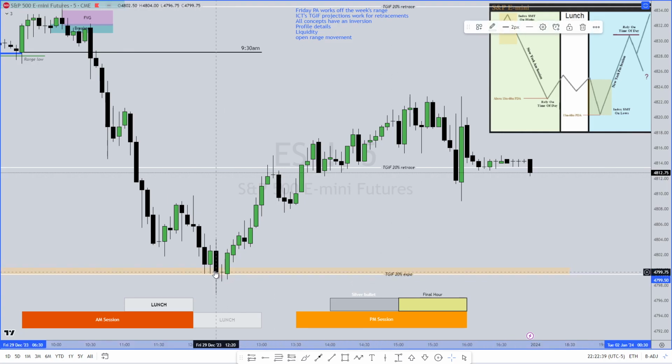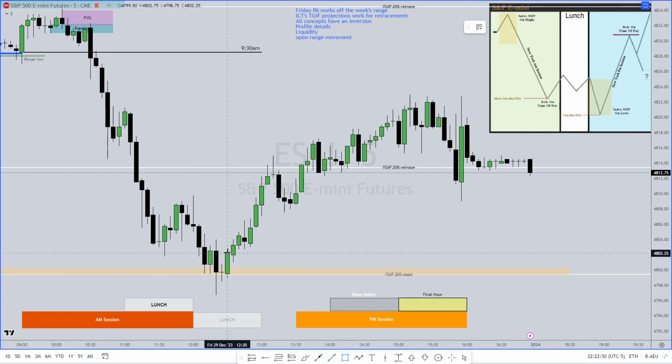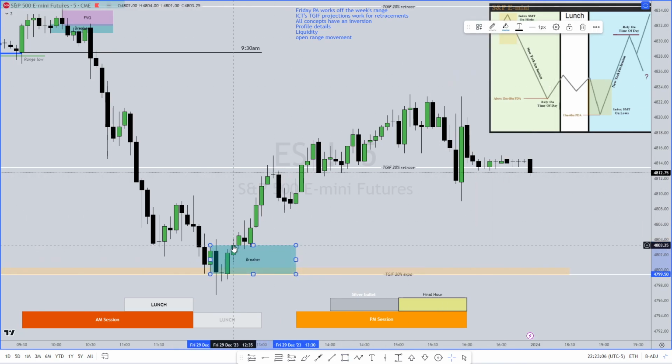Bodies stay within price. We see that push out, shift in market structure, barely tags into this fair value gap here. More what I'll be looking for is the bullish breaker, which would be this level here. Immediately as price closes above this high, shifts this market structure, we push back down with a bearish candle.